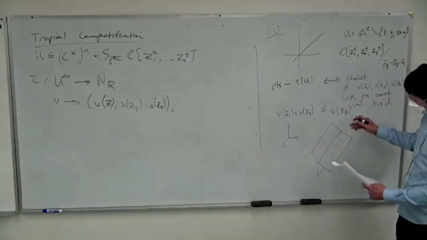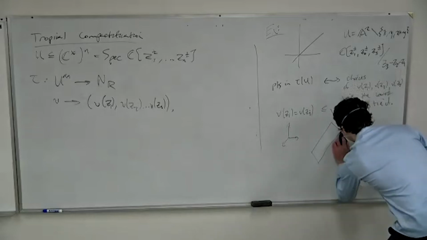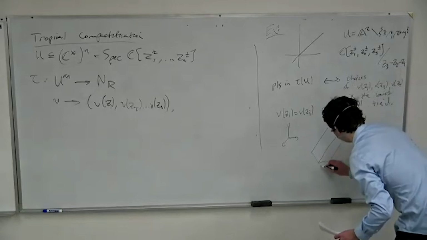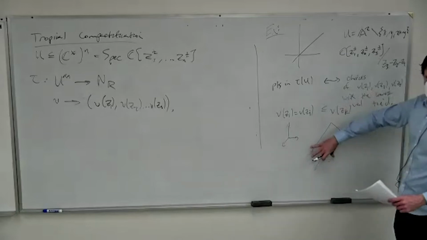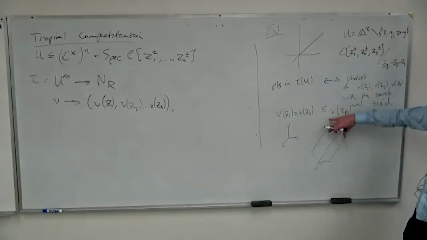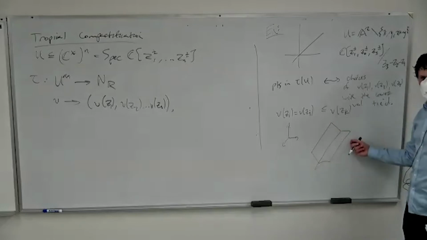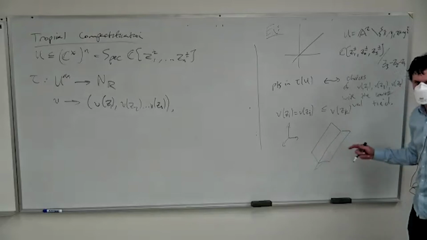I drew the angles a little off. Let's try and fix that. There we go, that looks better. Okay, and so you get this object in R3, and so this is like 1 equals 2 and it's the smallest, 2 equals 3 and it's the smallest, 1 equals 3 and it's the smallest, and these all fit together.